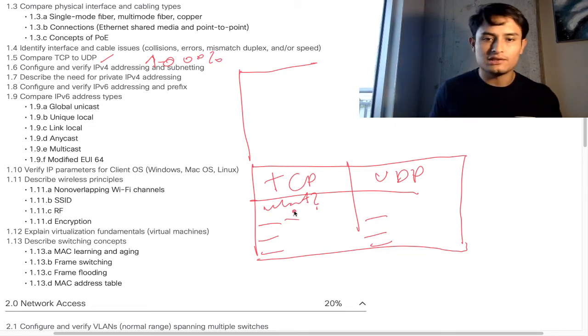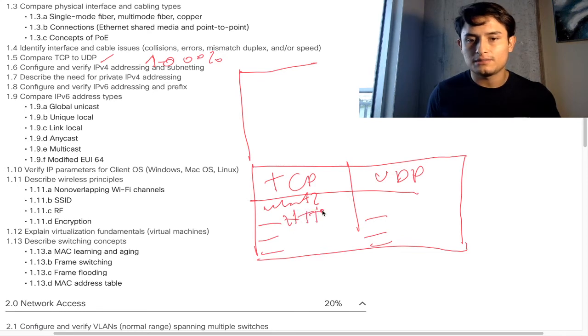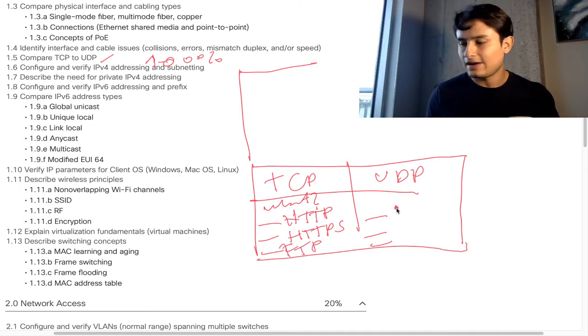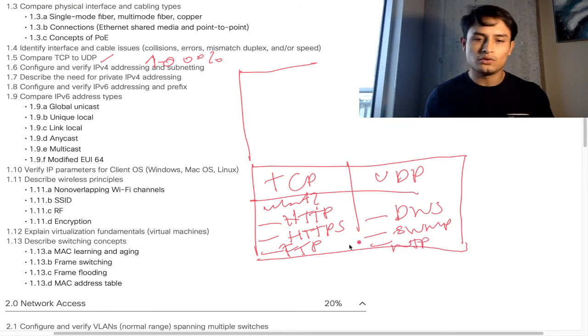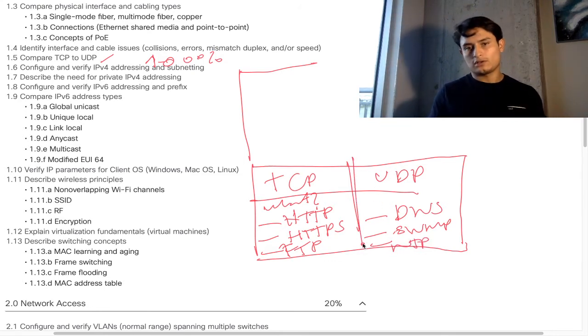So for example, it's gonna be HTTP, HTTPS, FTP. Here you're gonna have ICMP if I'm not mistaken. No, you're gonna have here DNS, SNMP, NTP. So you need to know all the protocols for each of these topics.